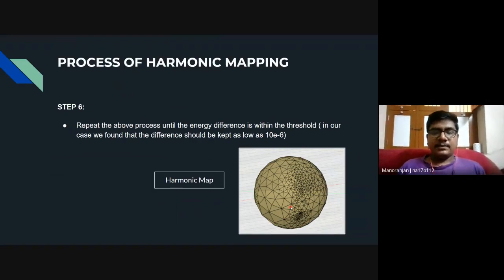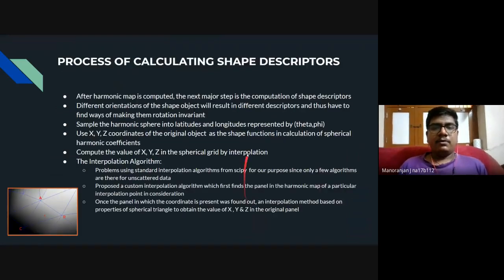After the computation of shape descriptors, we are in a position to say that here is a given shape, and that particular shape will have this particular feature vector. I'll be moving over to how we compute the shape descriptor.